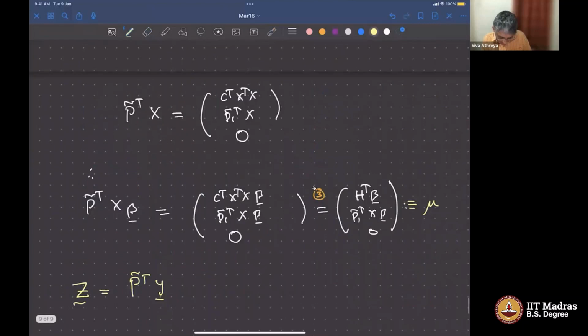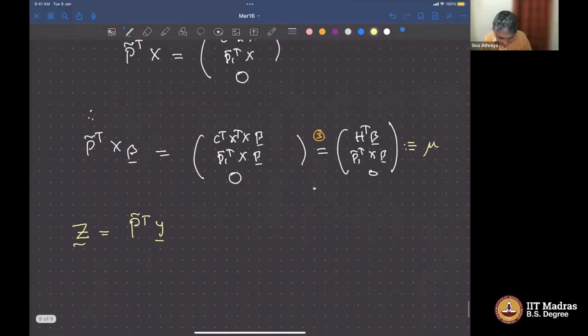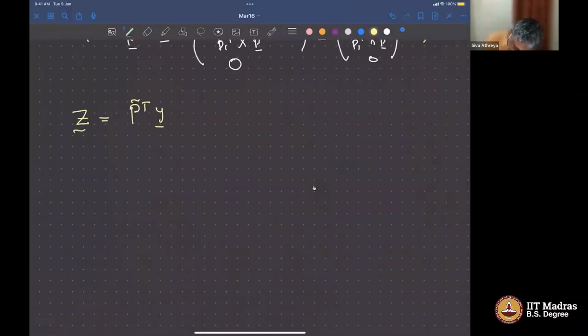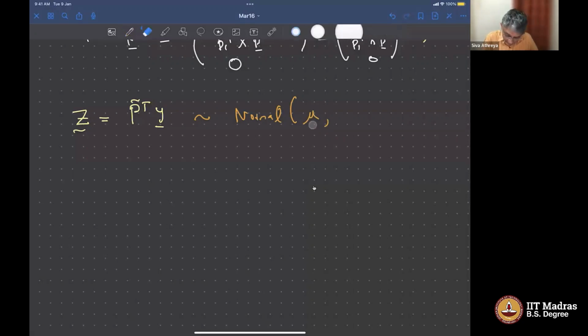If you look at the above, Y is normal with mean X beta and variance-covariance matrix sigma squared I. So Z is distributed as normal with mean mu vector, and the variance is sigma squared times the sigma that we have.